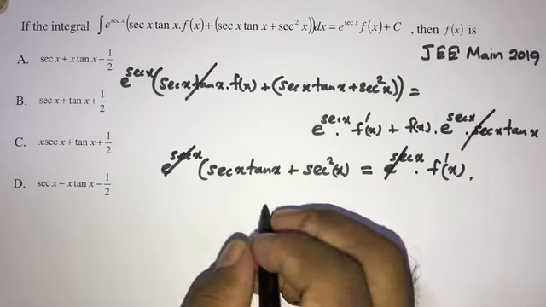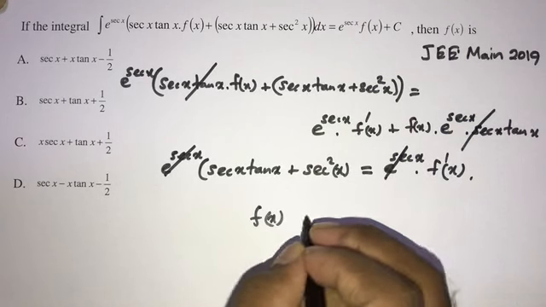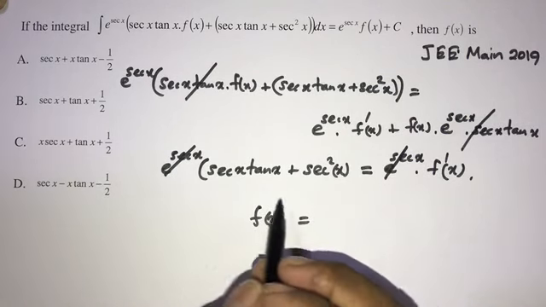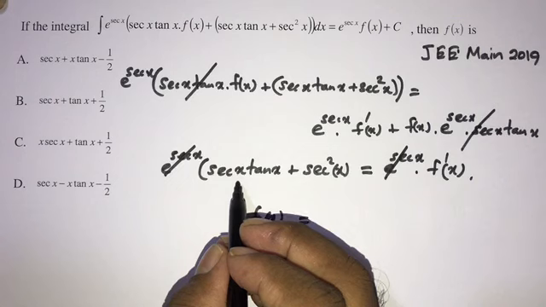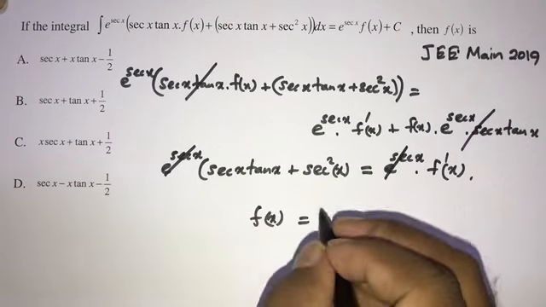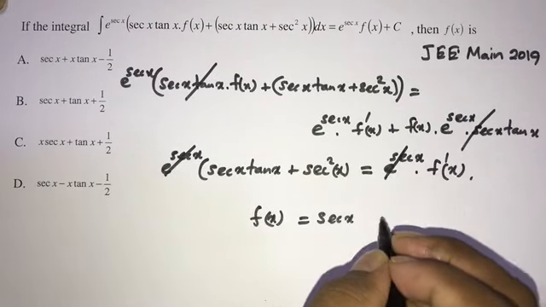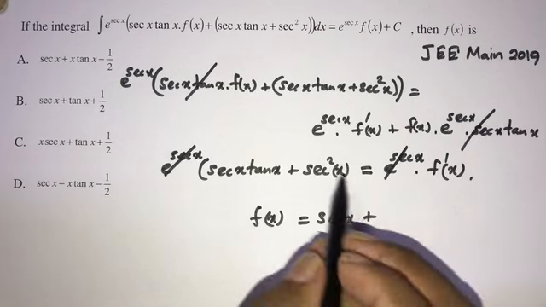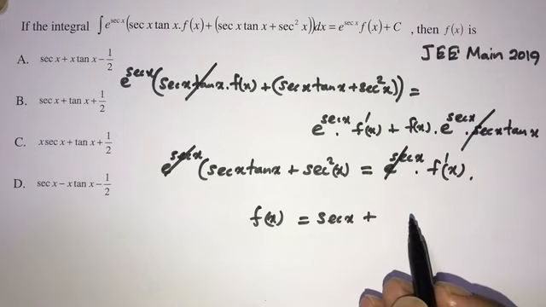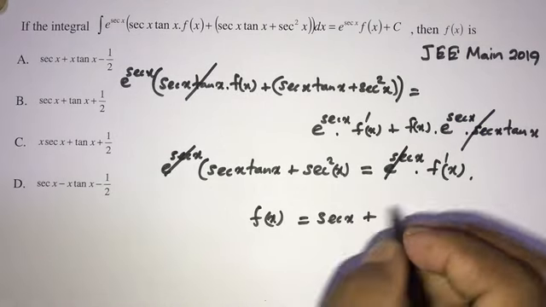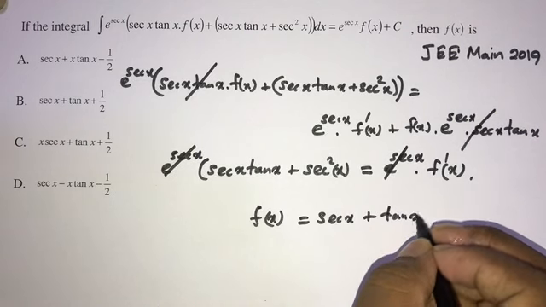So we know the derivative of secant of x is equal to secant of x tan of x. So secant of x plus, now the derivative of tan of x, we know, is secant square of x. So here tan of x.